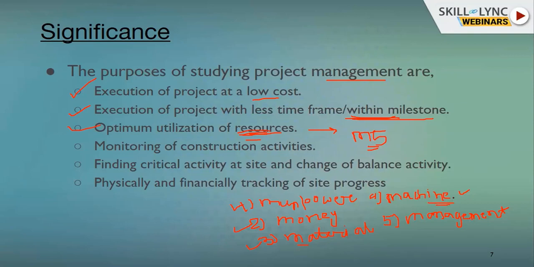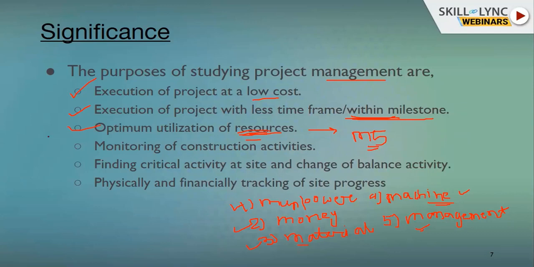The last part is management: managing all these aspects, allocating more resources where required and reducing resources where not required. These five terms are known as resources. We will see them in depth as we go further in the webinar.